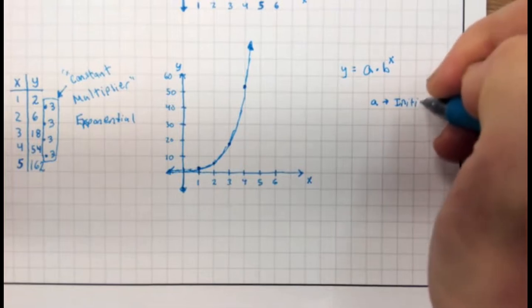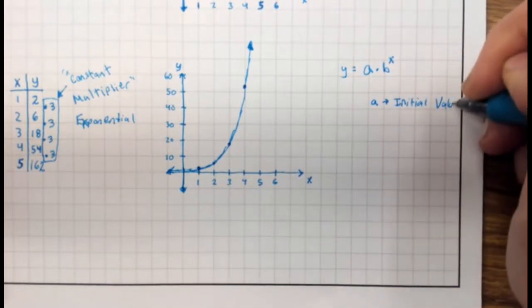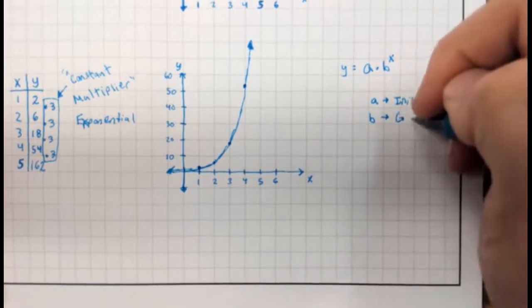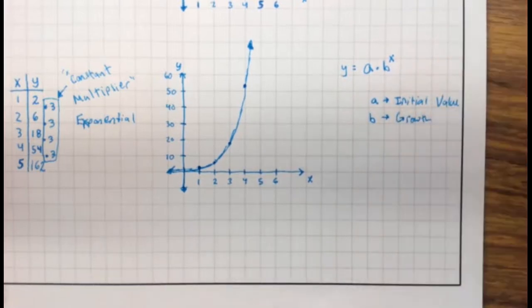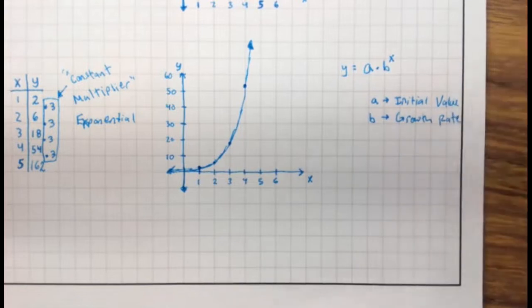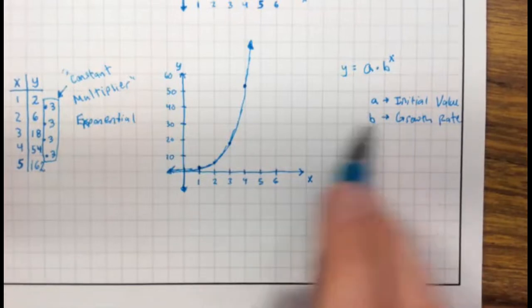And then b represents the growth rate. Then again, x and y are variables. Those things are going to change depending on where you're at. Okay, a initial value, b growth rate. So the initial value, that's going to be pretty easy to find.